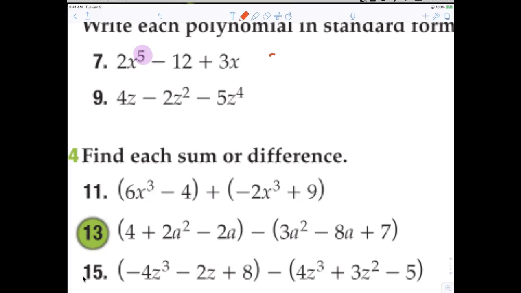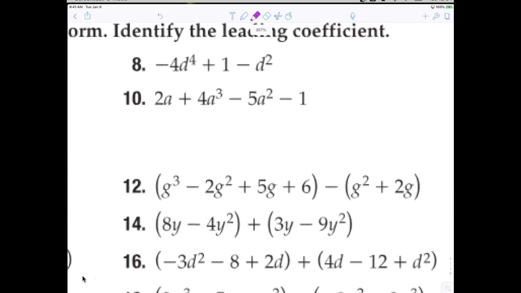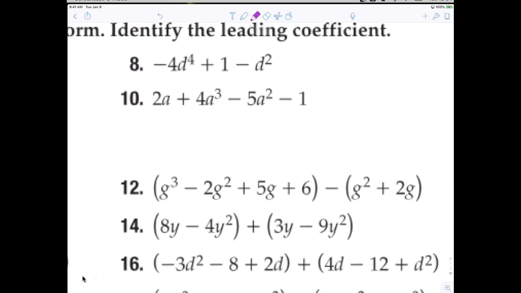So to write it in standard form, it would be 2x to the 5th plus 3x minus 12. 12 is considered the constant. The constant is always last, and the variables go in order from largest exponent to smallest exponent. That's all it means. So if we look at question number 8, tell me what the answer is. Yes, so you have to do negative.